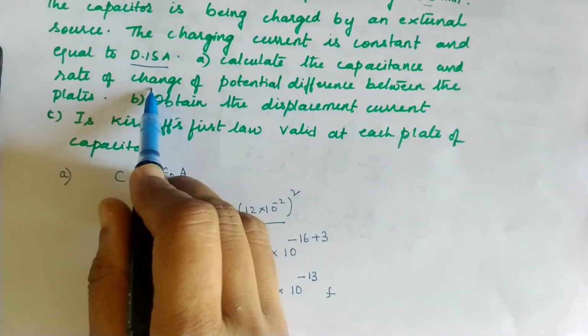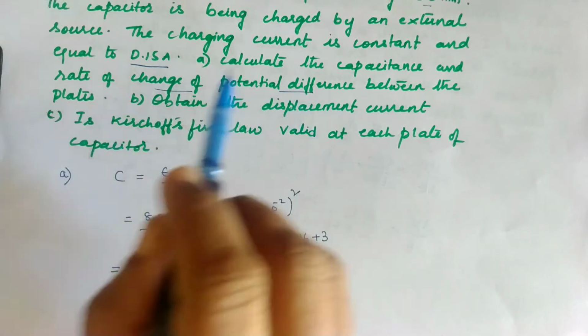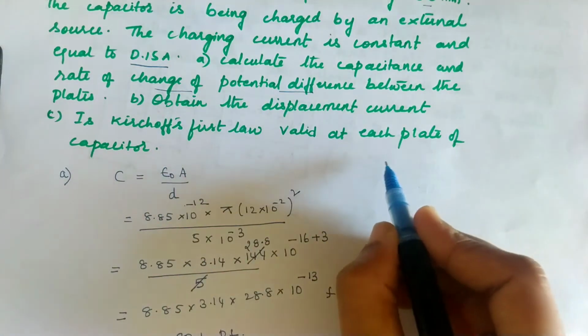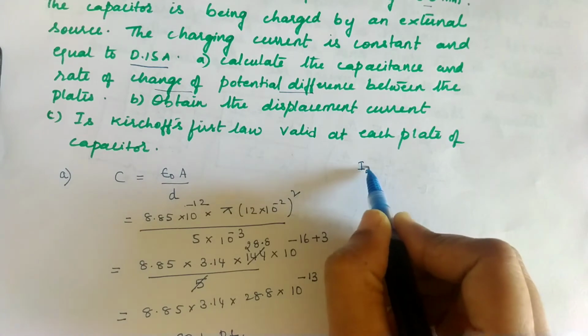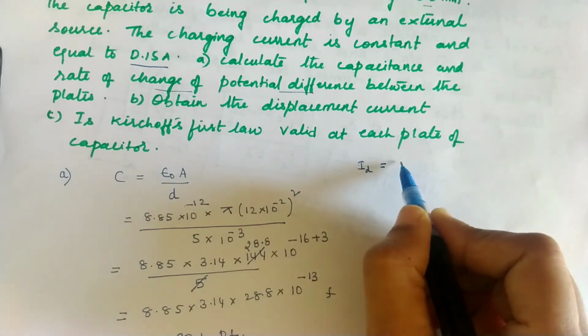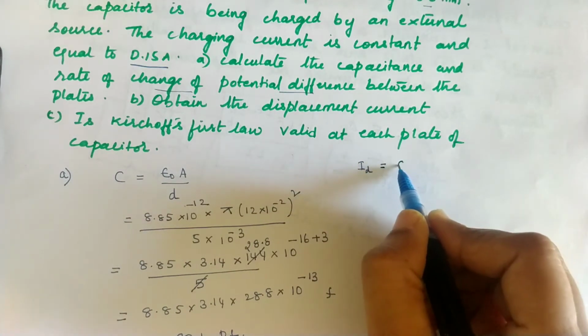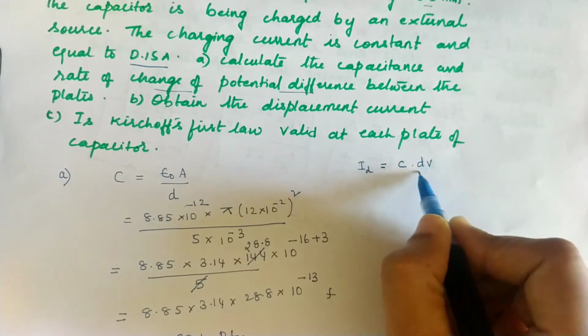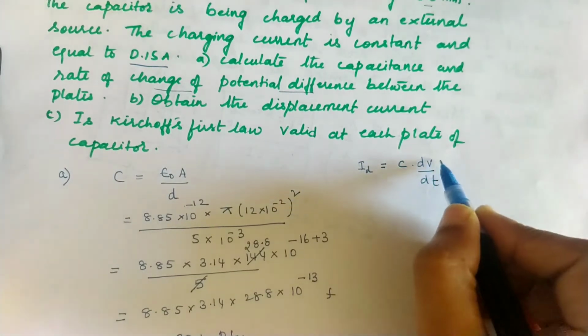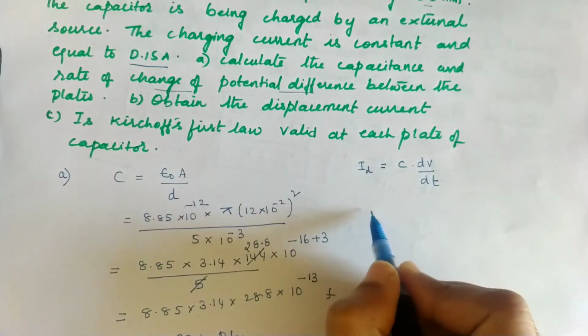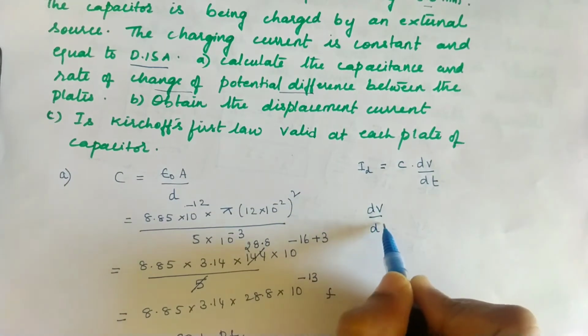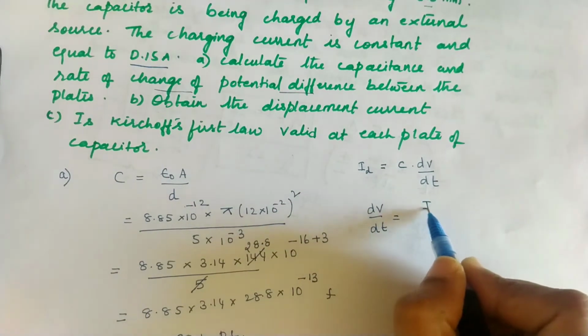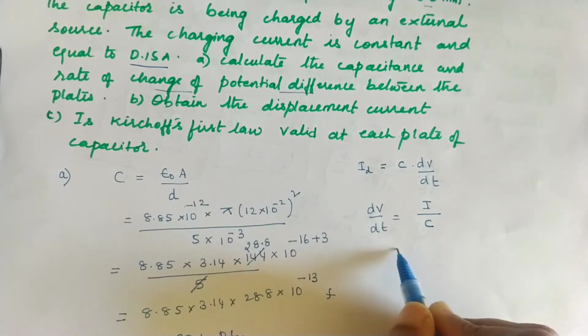Apart from that, they are also asking you to find out the rate of change of potential difference between the plates. So if you remember, I told you many formulas for displacement current. One of the formula is displacement current I is equal to C into dV by dt. Since we want dV by dt, what will dV by dt be equal to? Displacement current divided by capacitance.